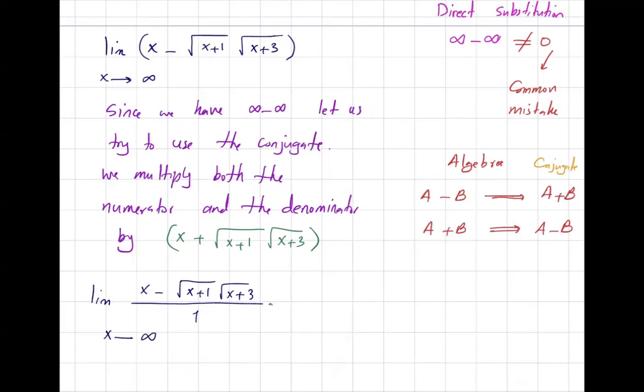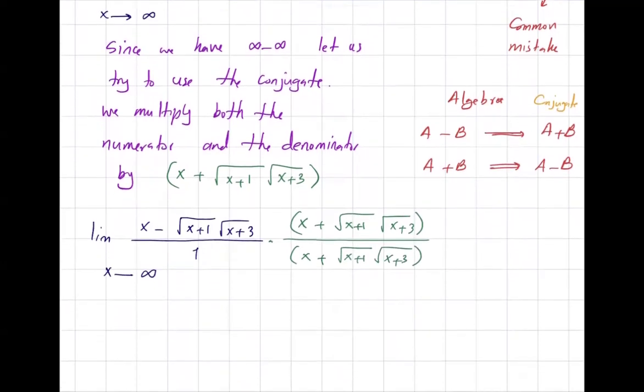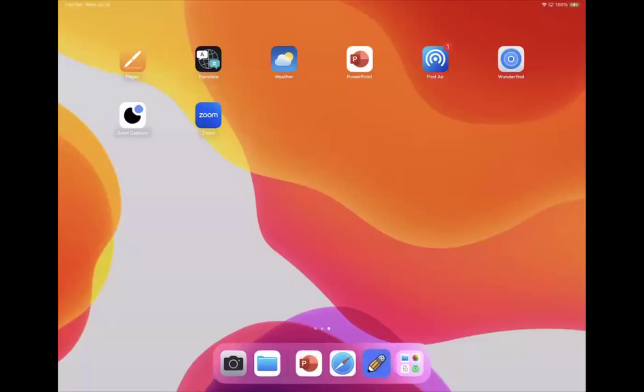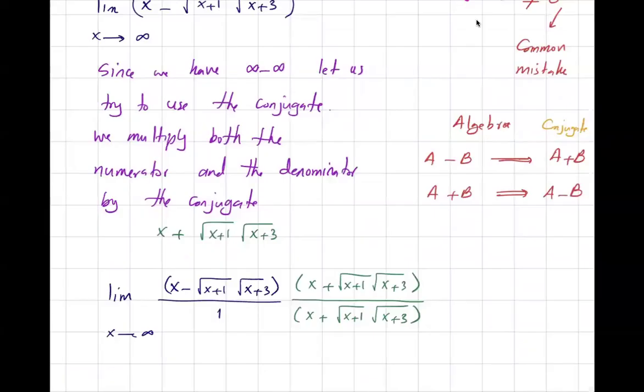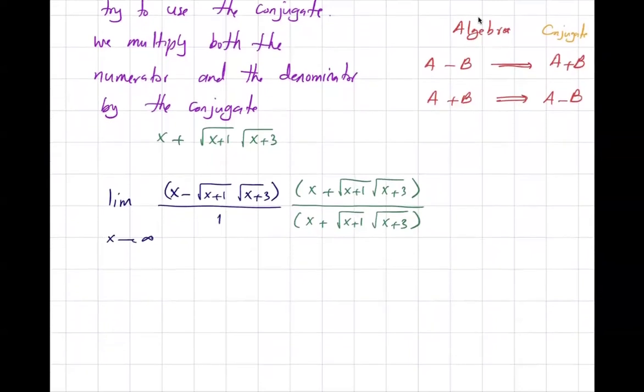And in our multiplication, we have x plus square root of x plus 1 times square root of x plus 3 divided by x plus square root of x plus 1 times square root of x plus 3. Okay, perfect. Now simplify.